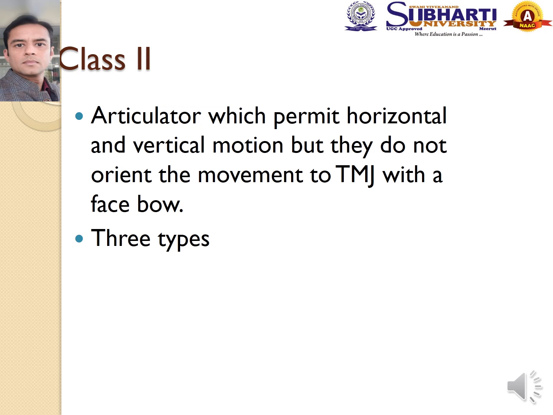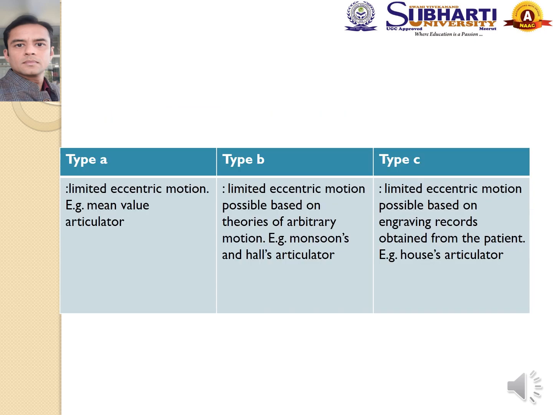Now further it can be classified into 3 types, that is class 2A, class 2B, class 2C. In type A only limited eccentric motion is present, that is vertical is there but right and left eccentric motion is limited.